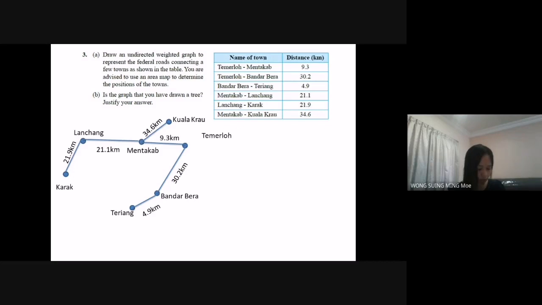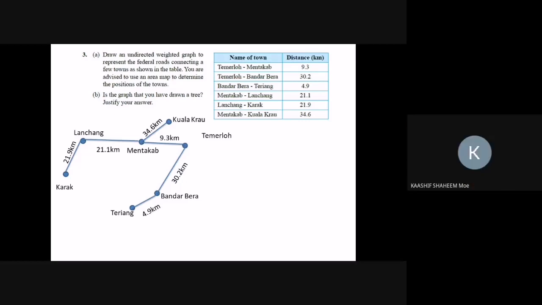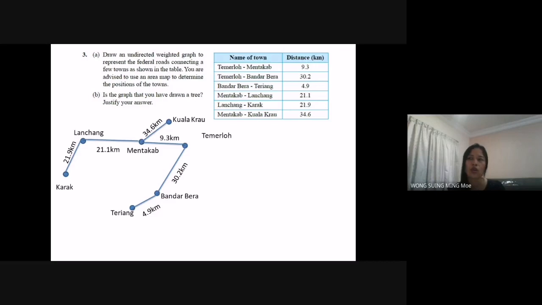Now I want to ask Kasif, is it a tree graph? Yes, teacher. How do we know it is a tree graph? Graphs that form a closed diagram are not tree graphs. So if there is any closed diagram here, it is not a tree graph. This is the first thing.